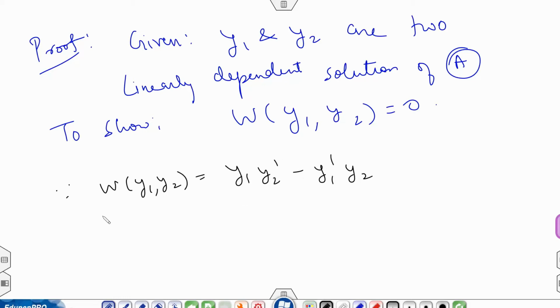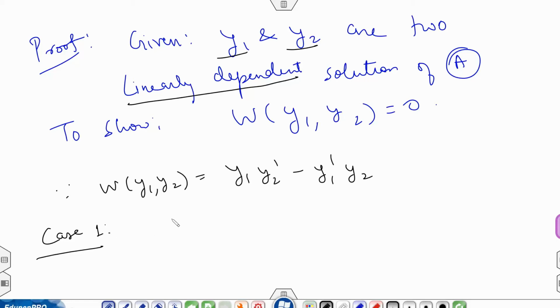We have the information that y1 and y2 are linearly dependent. So there can be two cases again. Case one is that one of y1 or y2 is already 0. And the other case is that both are non-zero. We will see what happens in each.